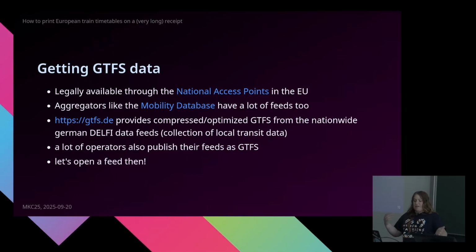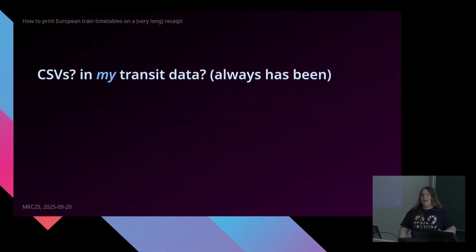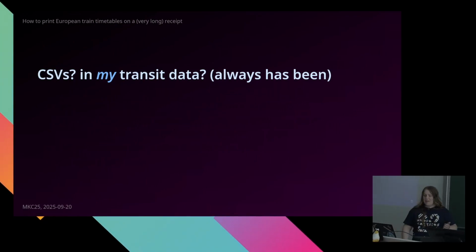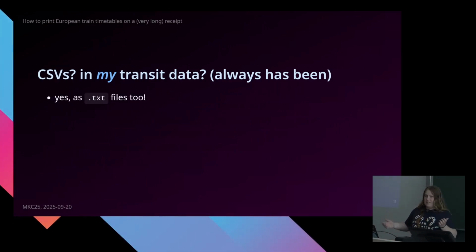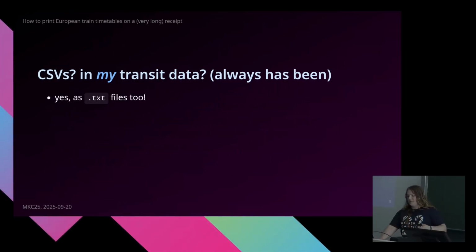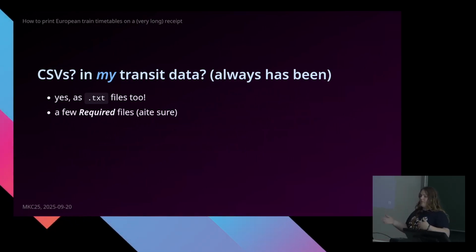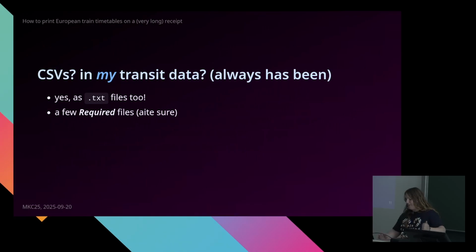So with all these feeds available, let's just open one. Yeah, turns out it's CSV in it. They're marked as TXT files, but it's mostly a zip archive with a bunch of CSVs in it. A few of them are required because we need them for the spec.